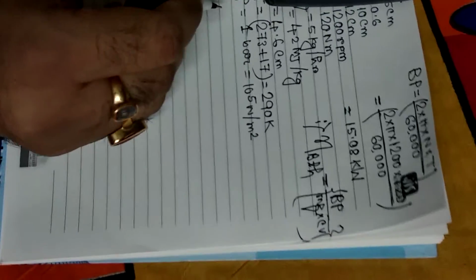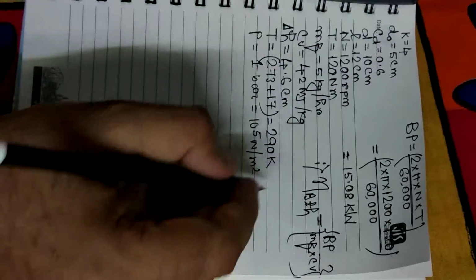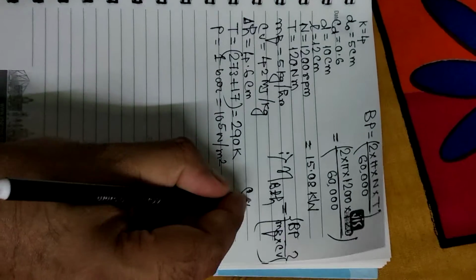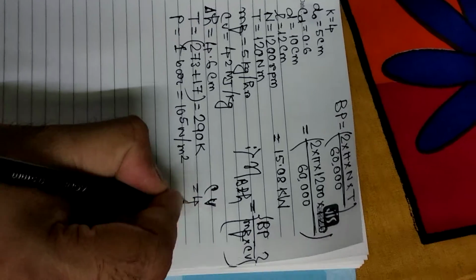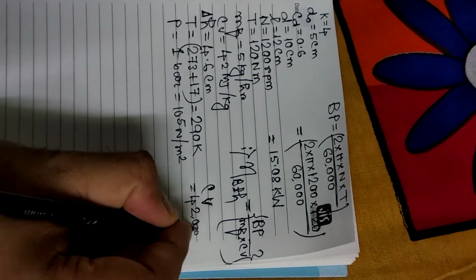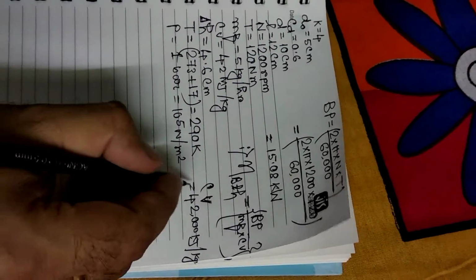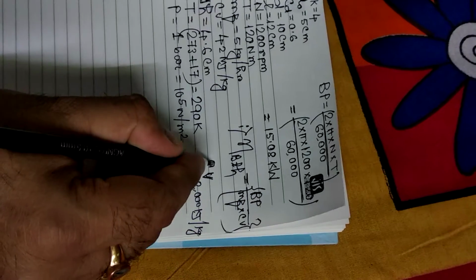So MF equals to, calorific value is 42 megajoule per kg, so CV is 42,000 kilojoule per kg.